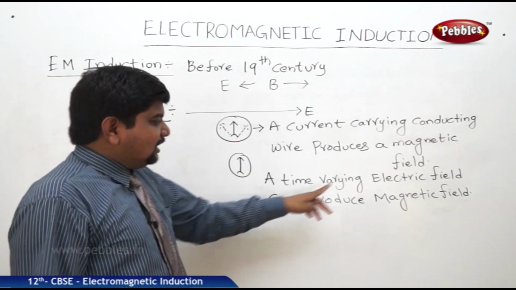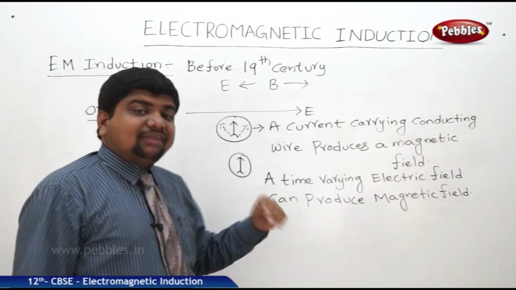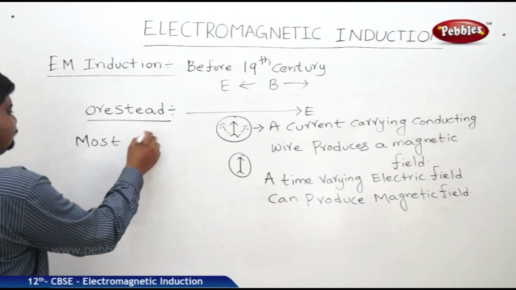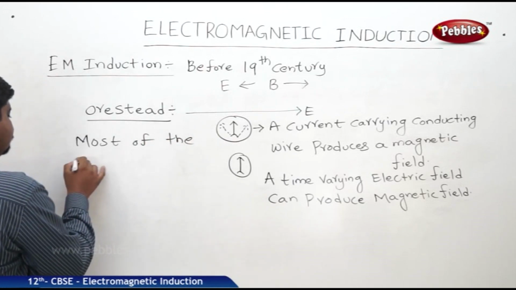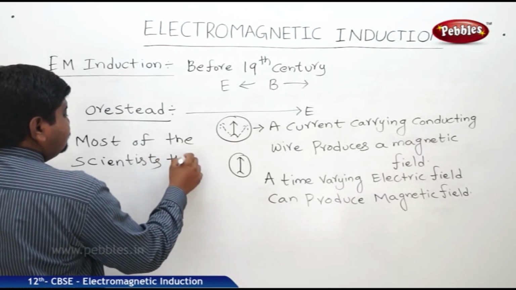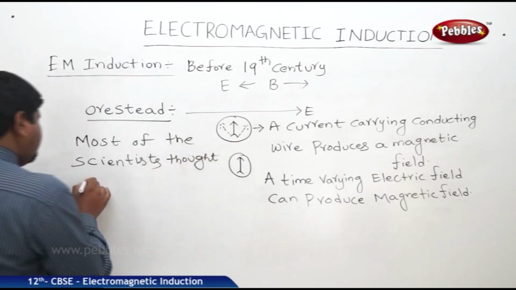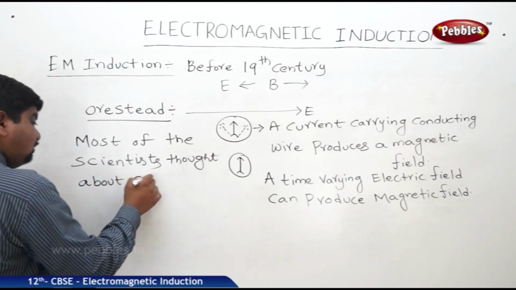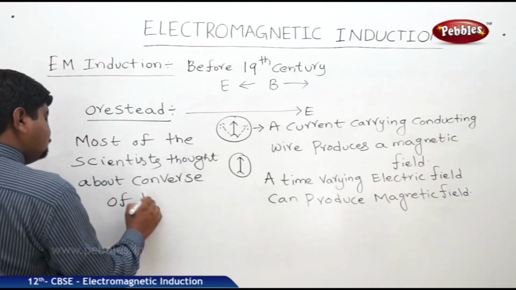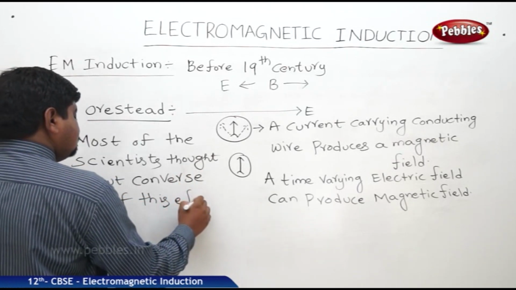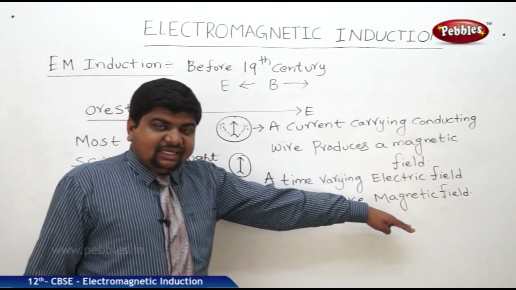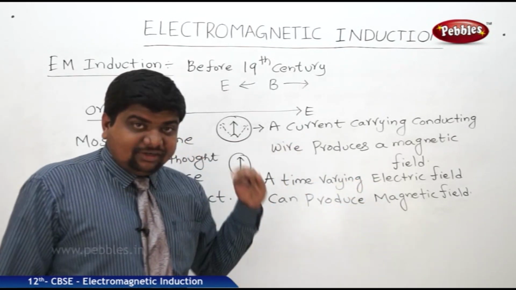The converse effect means, can a time varying magnetic field produce an electric field or not?